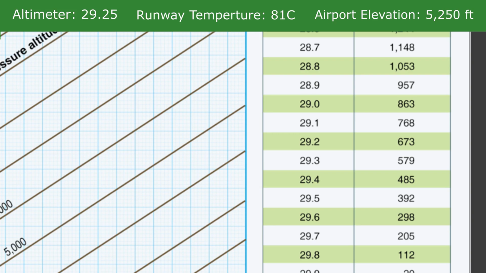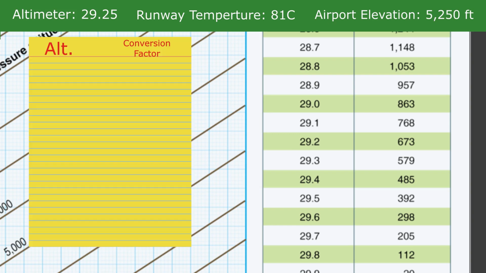Looking at the altimeter settings, you can see that we do not have 29.25 as an option, but we have 29.3 and 29.2. So we're going to have to interpolate between the two to find the conversion factor for 29.25. Looking at 29.3, we get a conversion factor of 579 feet.